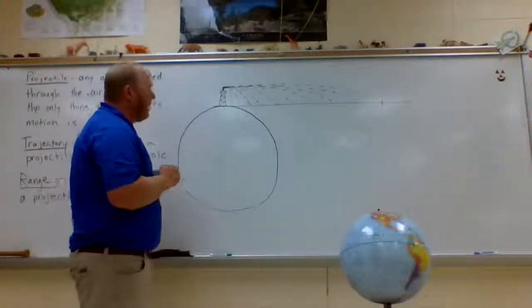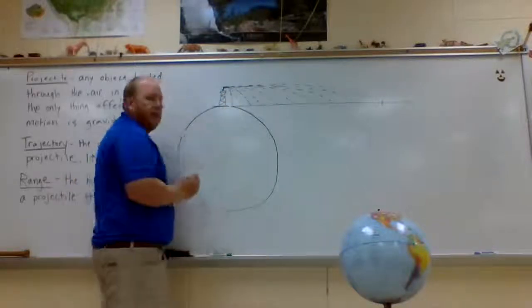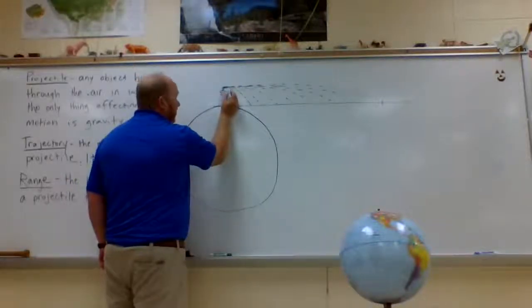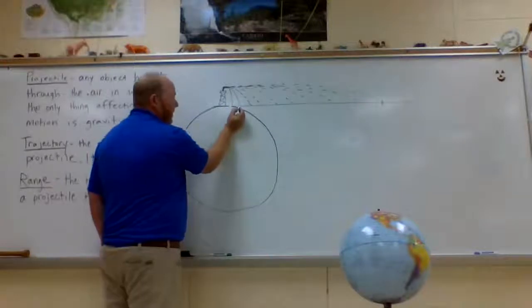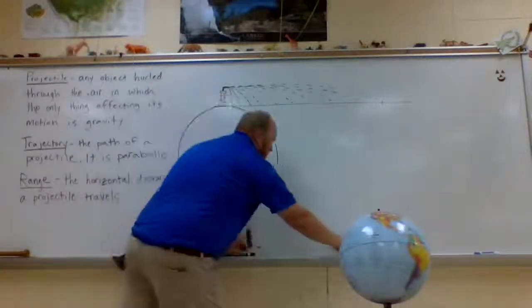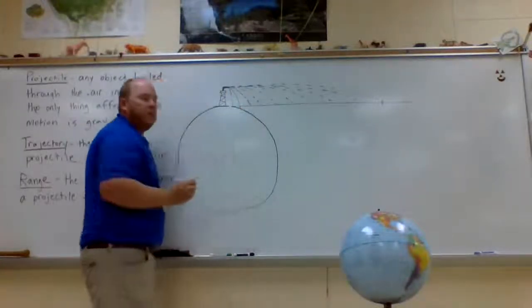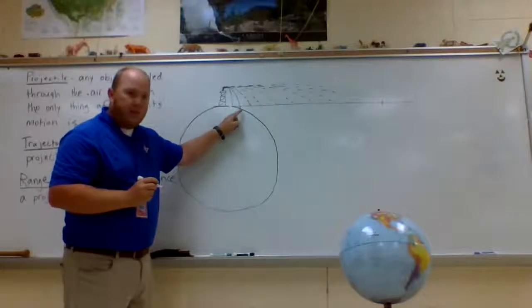But when you zoom out, the first one, really slow, hits right there, and that's fine. The second one doesn't hit right there. It hits all the way down here. So it travels a little bit longer distance.